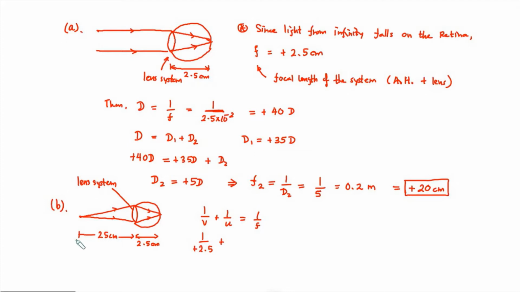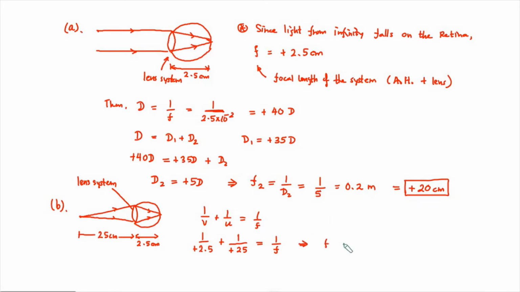The object is to the left of the lens, and that is again considered positive according to the sign convention. So we have plus 25, and then that is equal to 1 over F, where F is the focal length of the entire system.